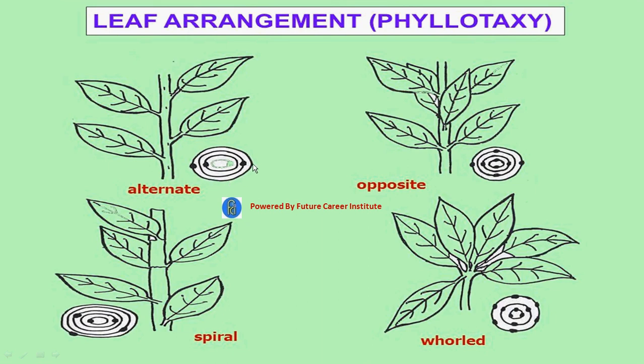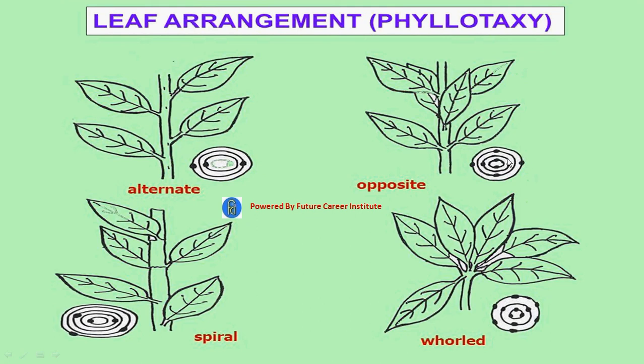You can see there are no other black markings on this circle, saying that this node has only one leaf. Now, at the opposite end of this node, in another node, we find another leaf. I hope you can draw a parallel from this picture here. Again, opposite to that, in a separate node, we find another leaf. Hence, from this picture, we can clearly say that it represents alternate phyllotaxy.